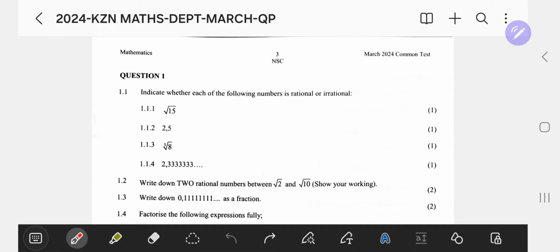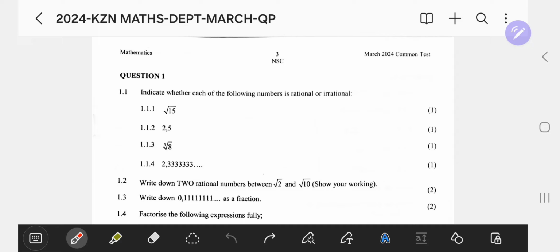Now we know that rational numbers are numbers that can be written as fractions. So whatever value you have, when you put it on your calculator and you press that SD button, the one that changes it from a decimal to a fraction, if you're able to get a fraction when you press that button, then it's a rational number.